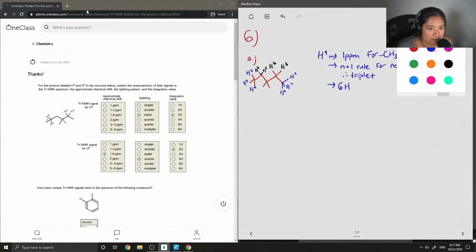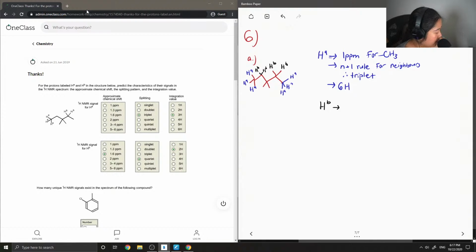Now let's look at HB. If you look up the approximate chemical shift for CH2s, it's around 1.3 ppm. So you can just get that off a table.